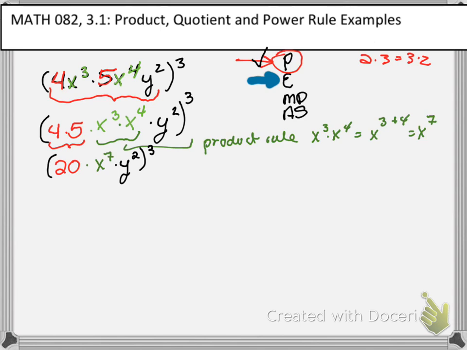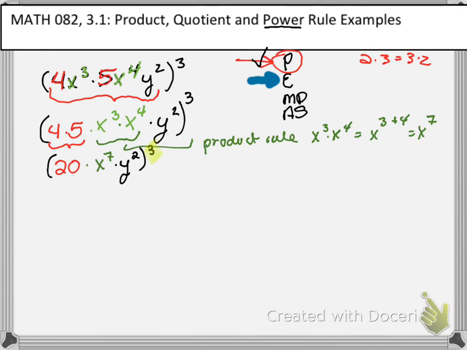That's our first step. Now that we've done everything that we can, we can go through and do something with this exponent. We've done the product rule as much as we can. There's no quotient, there's no division, so now what we have to do is use the power rule.